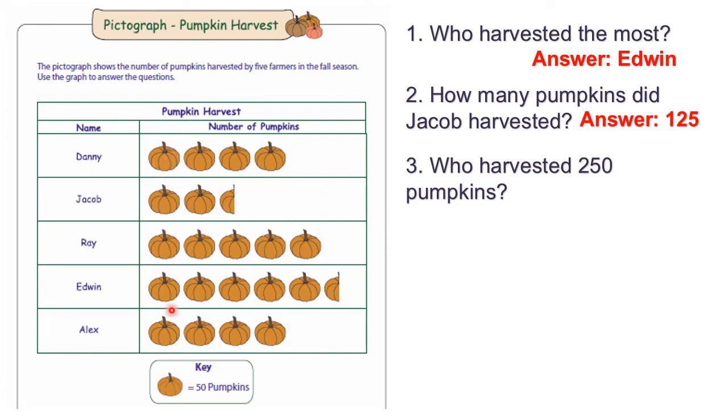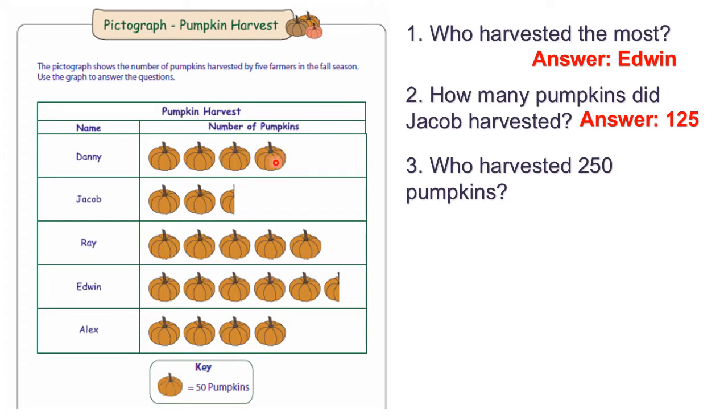Number 3. Who harvested 250 pumpkins? So in this case, we do not know how many each had harvested. We have to consider converting each one into numbers until we come up with which farmer harvested 250 pumpkins. Let's start off with Danny. Danny has 50, 100, 150, 200.